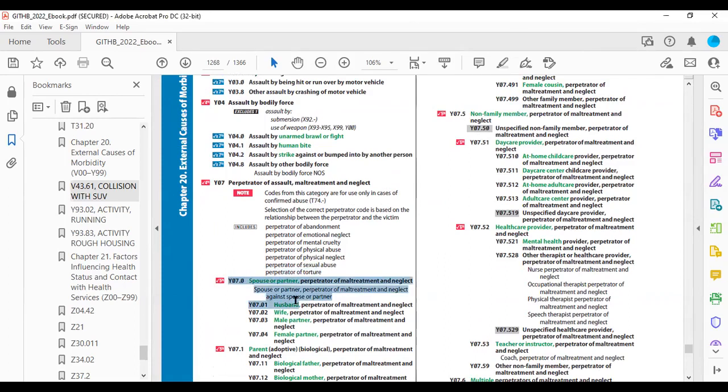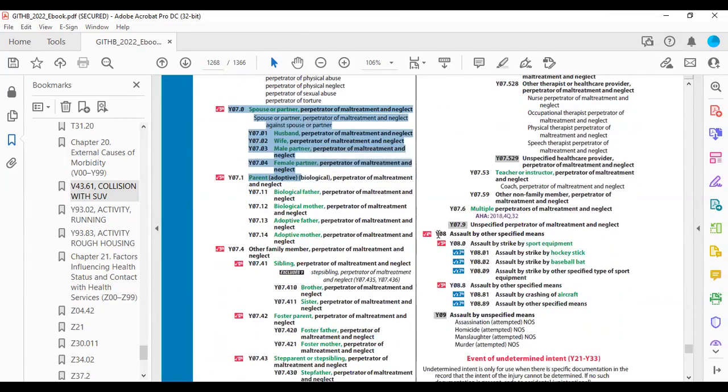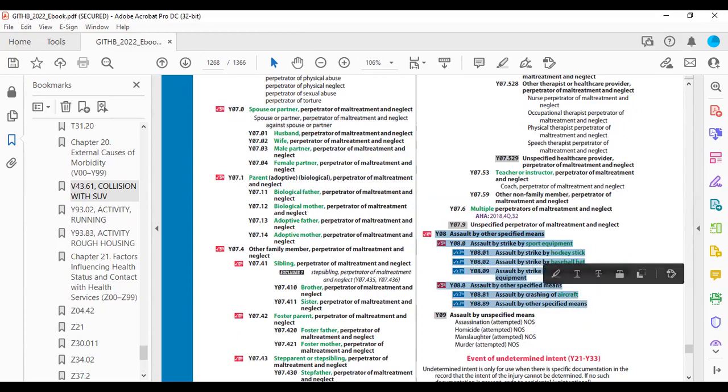And specifically, since we have to go to a fifth character, it could be husband, wife, male partner, female partner, and so on. Going down here to Y08, assault by other specified means, assault by a hockey stick, baseball bat, crashing of aircraft. All those are assaults.